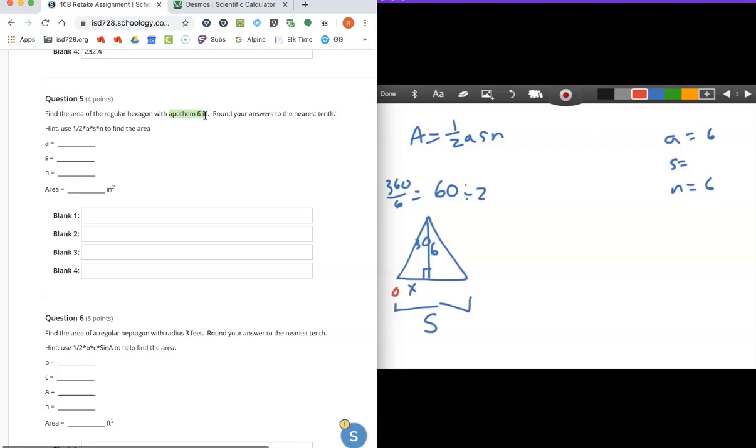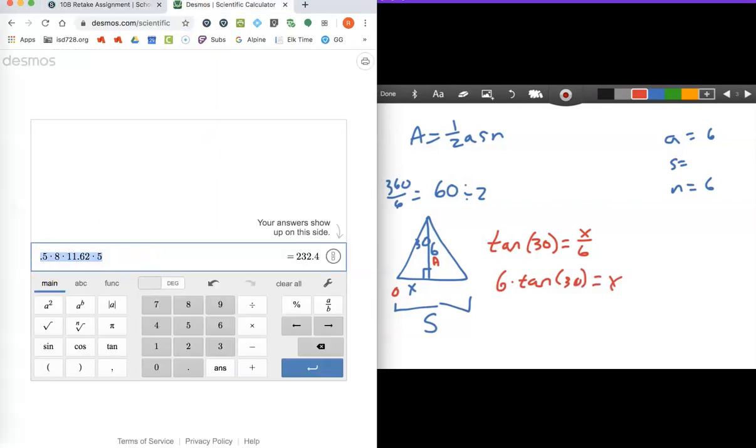So we have opposite and adjacent again. It's going to pretty much work out to be tangent on these. So we have tangent of 30. We set that equal to opposite, which is x, over 6, which is a. So 6 times the tangent of 30 will give us half of what the side length is.